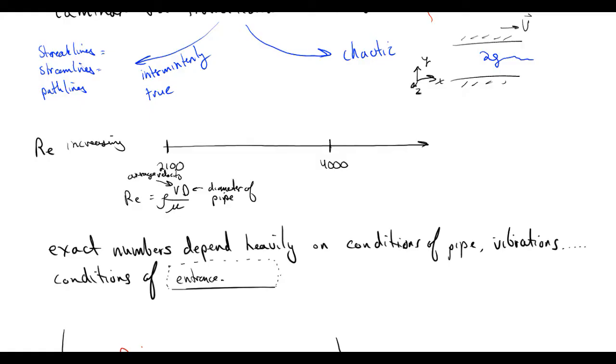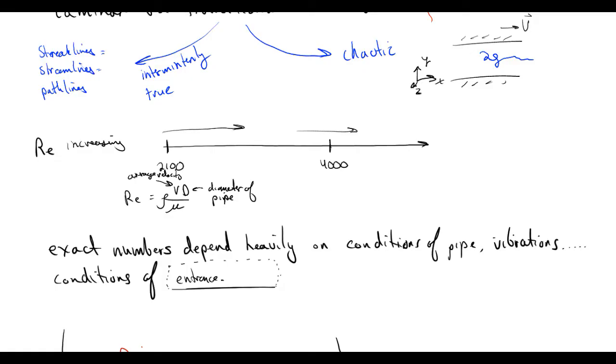Then the flow eventually smooths out, and we get a lot of circulation and turbulence due to these sharp edges here. The distance it takes for these entrance effects to damp out and for us to get a uniform velocity profile is called the entrance length, LE.